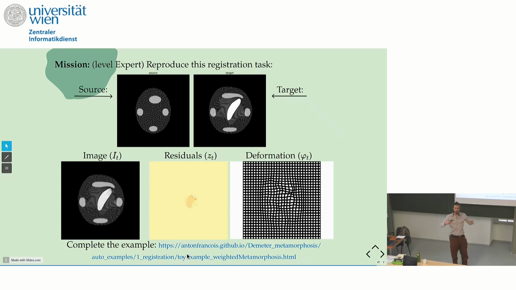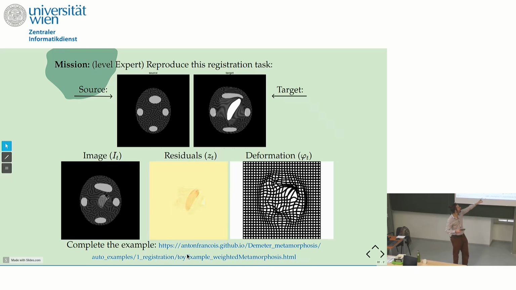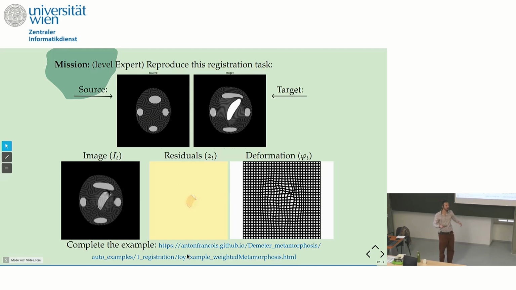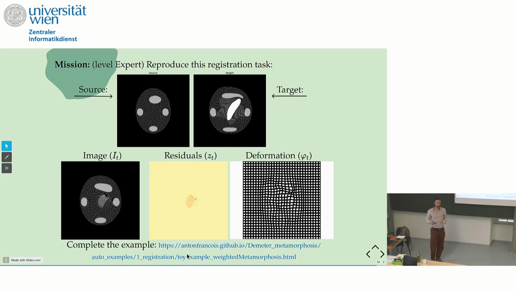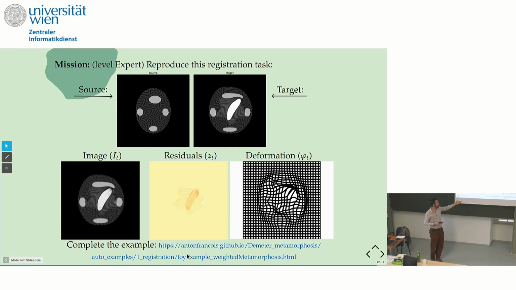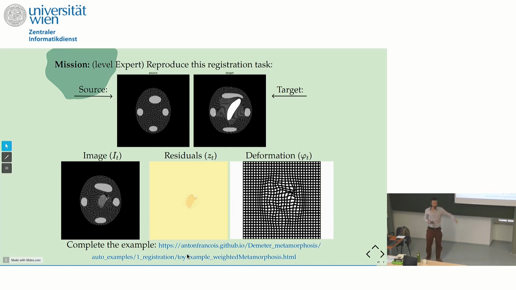We have a big necrosis, very intense at the center, and some edema appearance, which I don't know if you can see here on the slide, but it's a bit clearer around the thing, not inducing deformation. And you want to get a registration that looks like that at the end, with the residual that explains what the intensity differences between the images are. You can see the complete example here again on the GitHub.